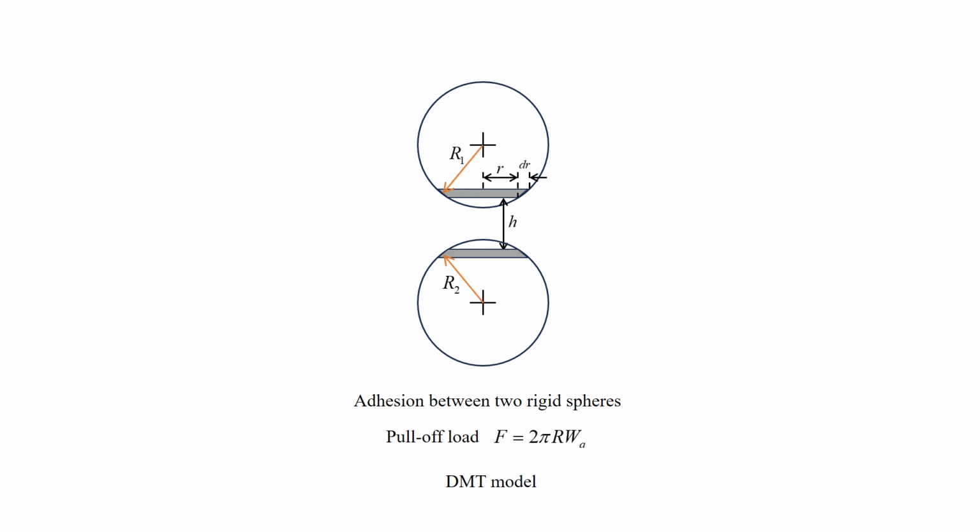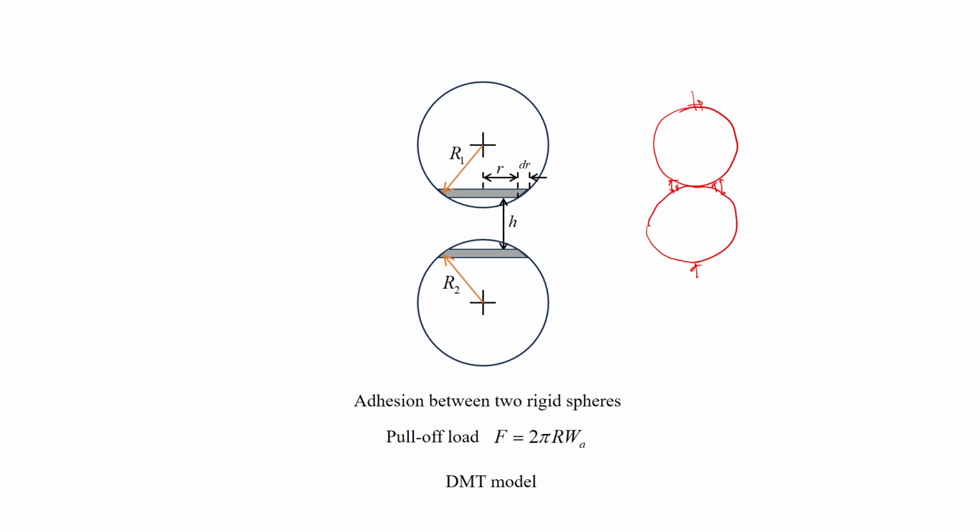So, suppose you have a sphere in contact with another sphere like this, both rigid. Now you apply load, so they come in contact. If they are perfectly rigid, there is no deformation, but nevertheless there is adhesion between them, an attraction in the region outside the contact point or contact area.